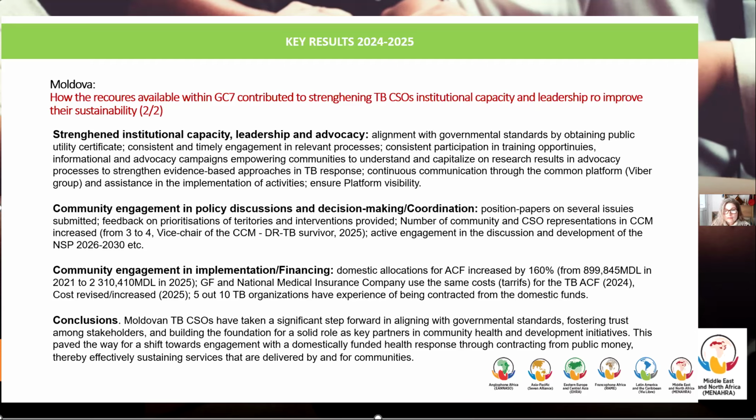And now within the next grant cycle, Moldova is actually at their last chance to improve things and to strengthen those things which need to be strengthened, because we will not have other opportunities.